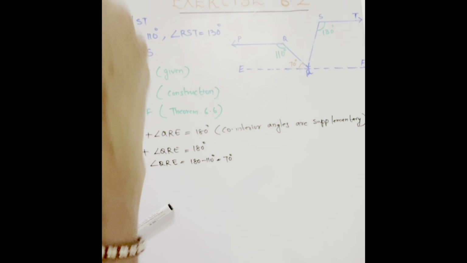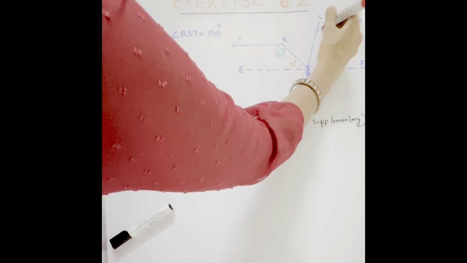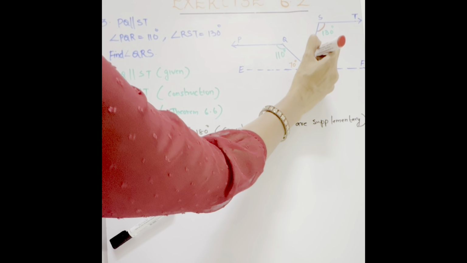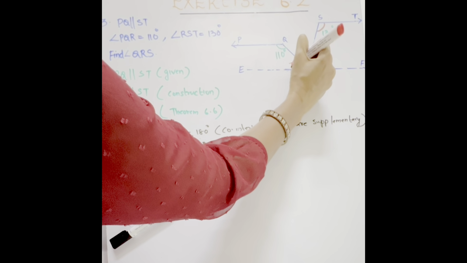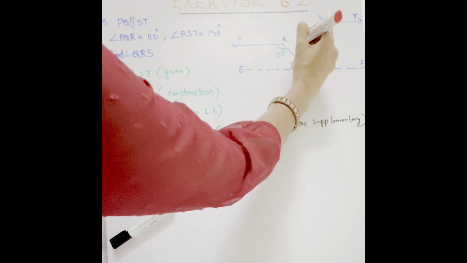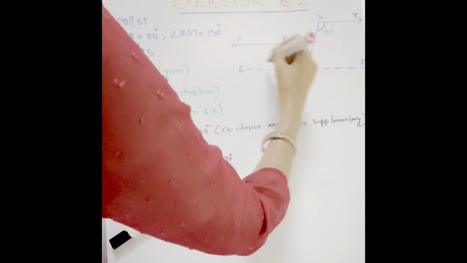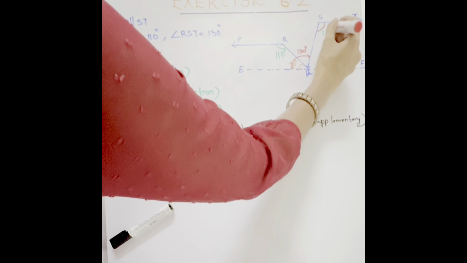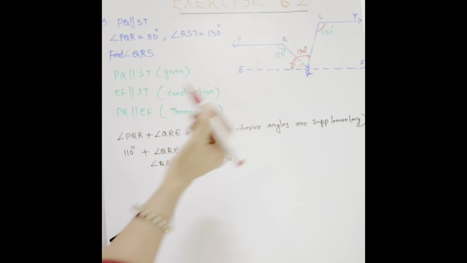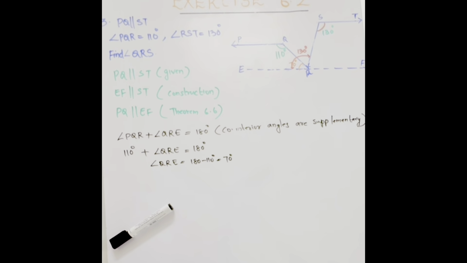Let's mark them. This is 130 degrees, which is one angle, and this angle is also 130 degrees, because see, this is a parallel line, we have a transversal, alternate interior angles.